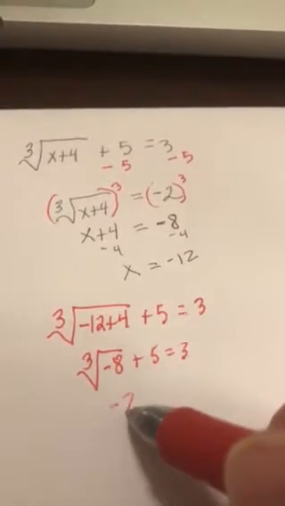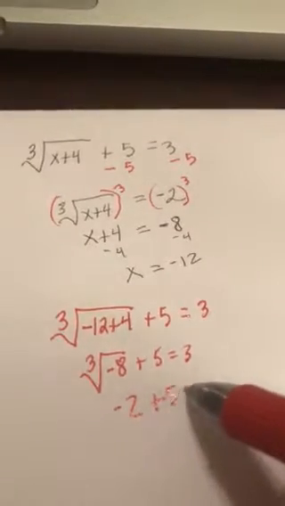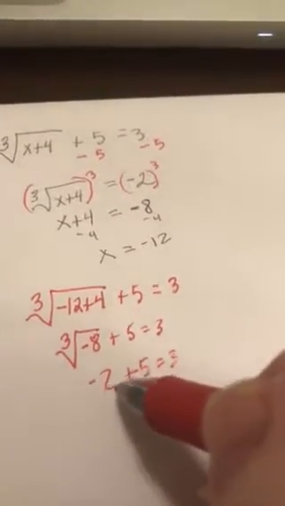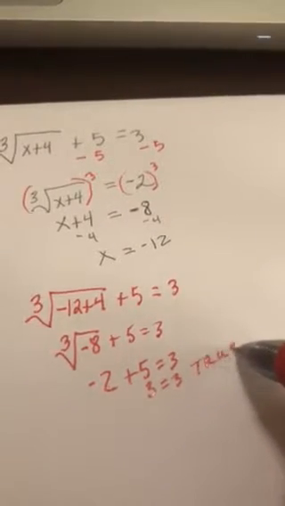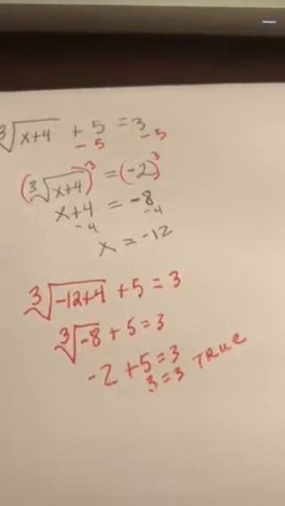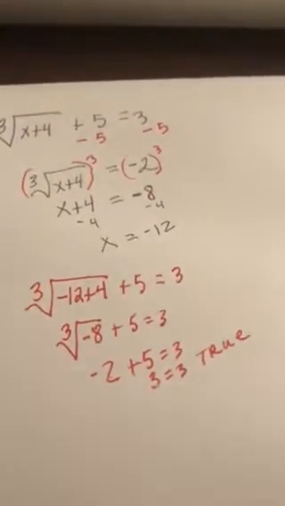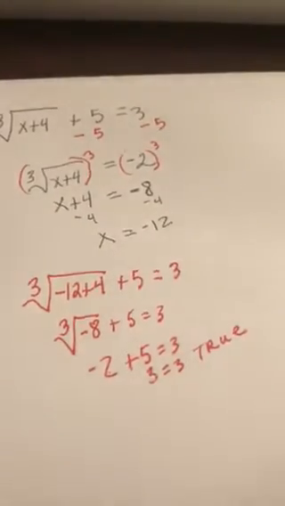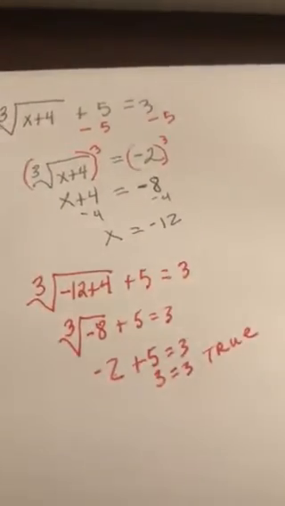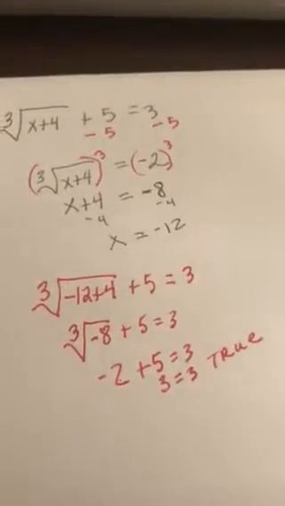So this gives us negative 2 plus 5 equals 3. Sure enough, it's true. Thankfully, that one was true. In fact, they get true so often that it kind of fools you into thinking you don't have to check your answers. Don't fall for that trick. It does turn out badly sometimes. So you want to make sure you check your answers every time.